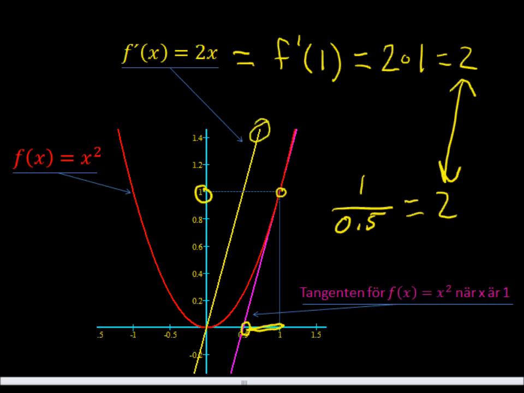Now we can't see this yellow line continuing. It keeps going up, but I have limited resolution to work with. You would see that if you plop in the x that you're trying to look at, you're going to get one value for the original function, another value for the derivative function, and that will tell you the slope of the tangent line.